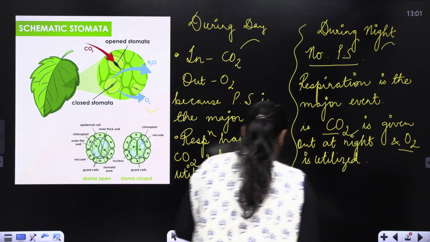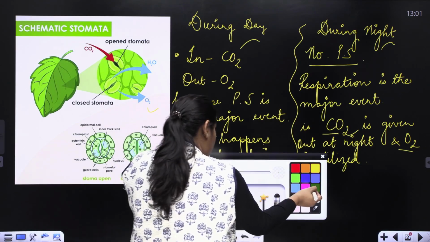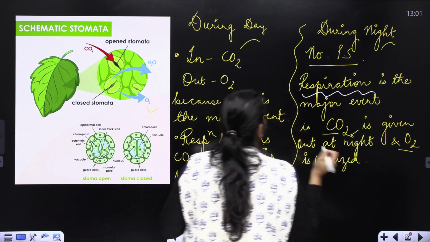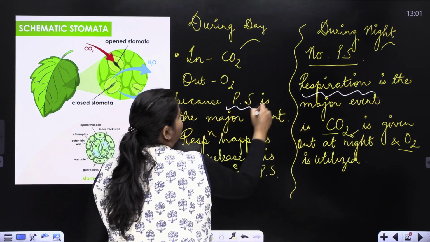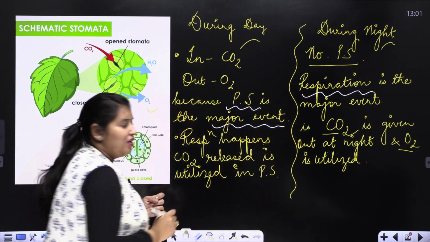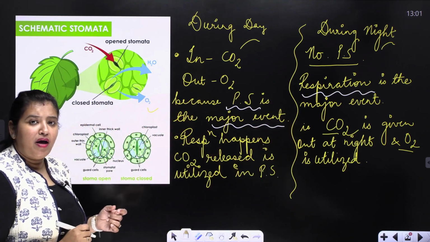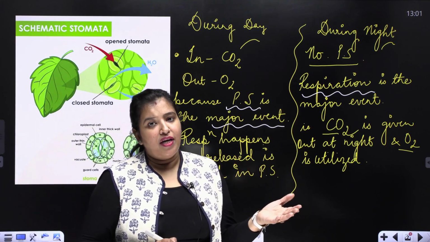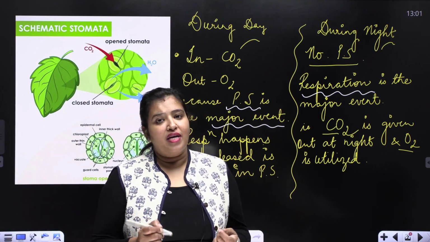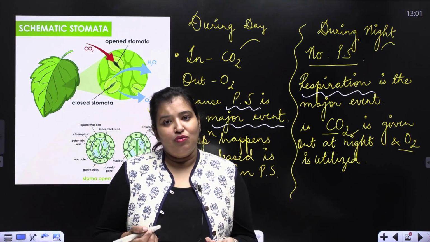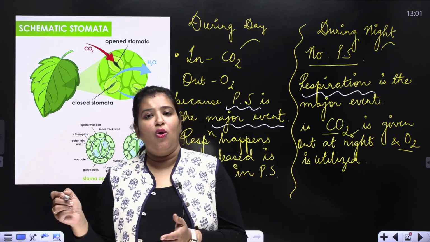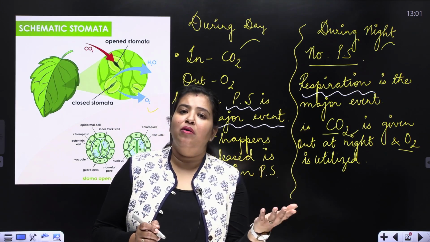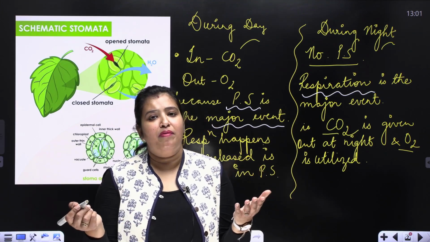So at night, please remember that respiration is the major event, and during the day, photosynthesis is the major event. That will help you to keep in mind why the plant is giving out oxygen during the day and carbon dioxide at night. And that is why it is always said that during the day plants give out oxygen, but at night they give out carbon dioxide.